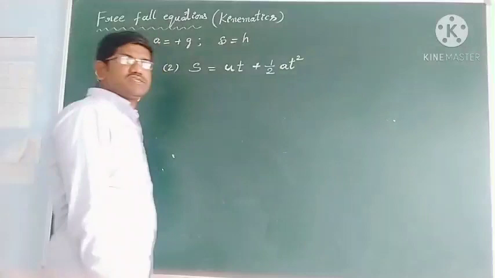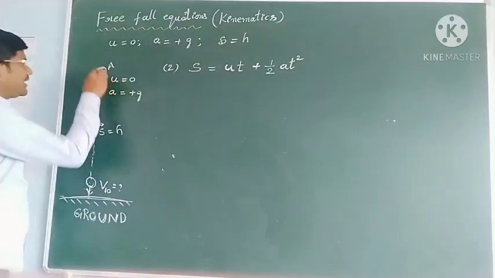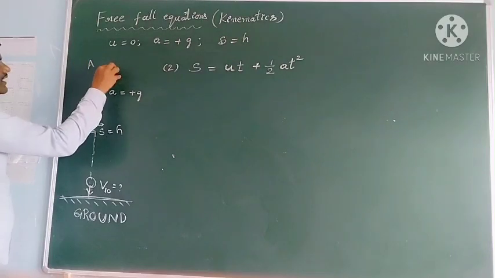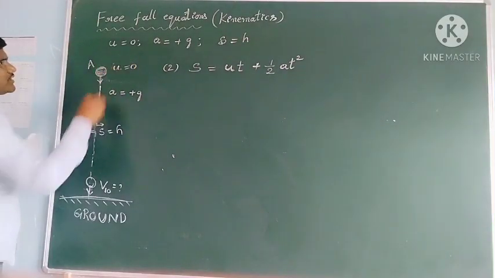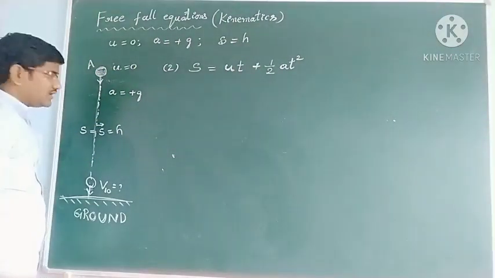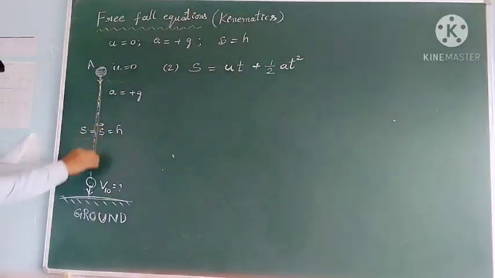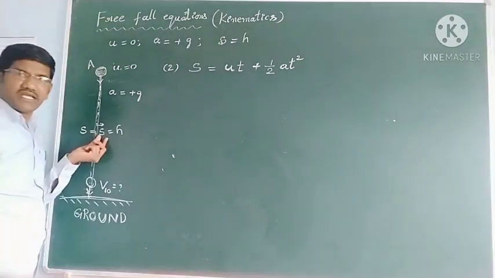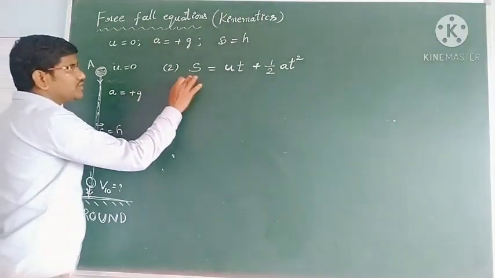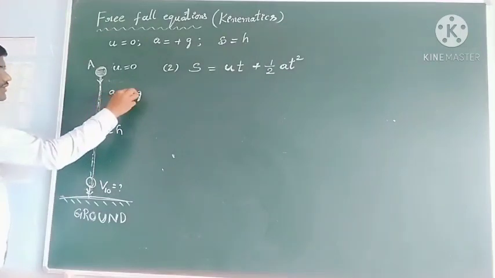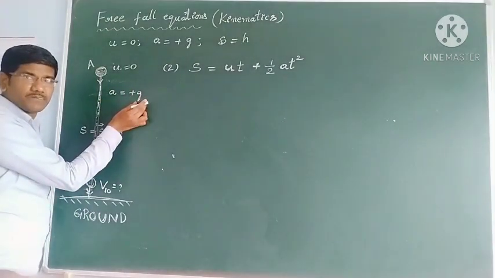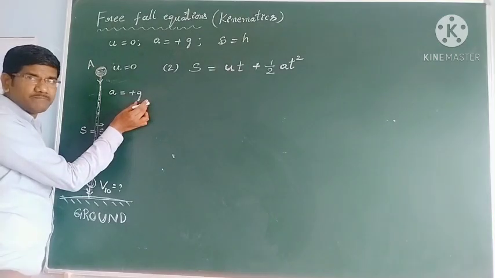Okay students, now see, this is our freely falling object. This is the point A, and here initial velocity is equal to 0, and it has taken t seconds to reach the ground. Then how much displacement it has traveled is the question, and while it is coming down it has an acceleration, and this g is constant, so it is a uniform acceleration.